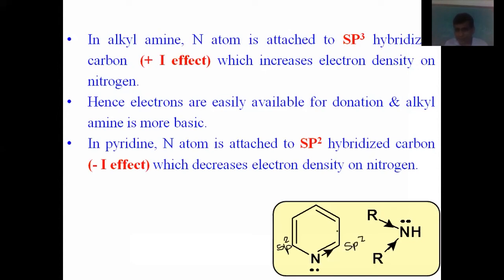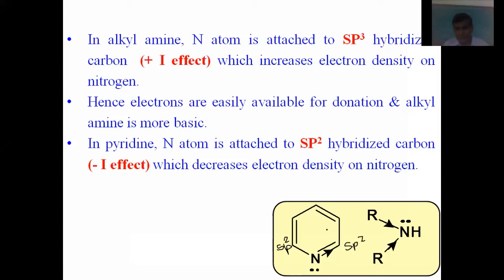Means that bonded electron pair, the sp2 hybridized carbon shows the minus I effect. That is, the covalent bond between nitrogen and carbon, that electron pair is attracted by the sp2 hybridized carbon. Because of the sp2 hybridized carbon, there is an electron withdrawing inductive effect, there is a minus I effect, and therefore electron density on the nitrogen decreases. There is a decrease in electron density due to the minus I effect.